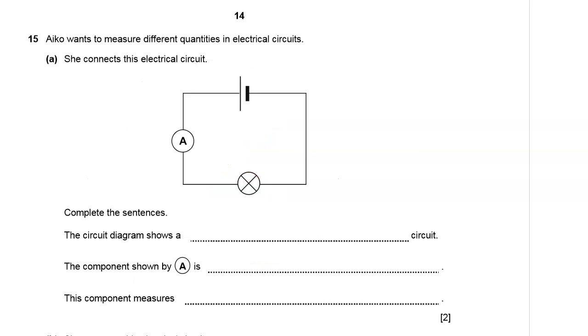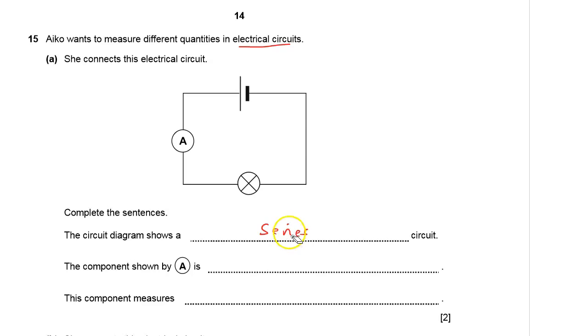Question number 15. Aiko wants to measure the different quantities in an electrical circuit. She connects this electrical circuit. Because in the circuit we have a bulb, an ammeter, a cell, and the connecting wires. Complete the sentences. The circuit diagram is a dash circuit. Of course, when you connect all of this in one loop, we call that a series circuit.